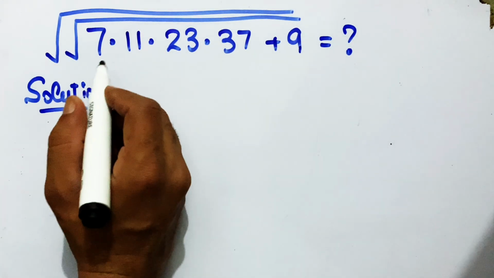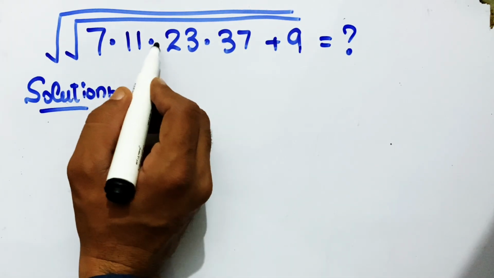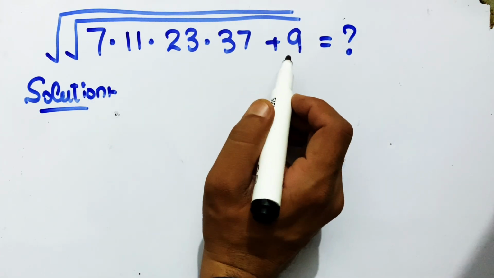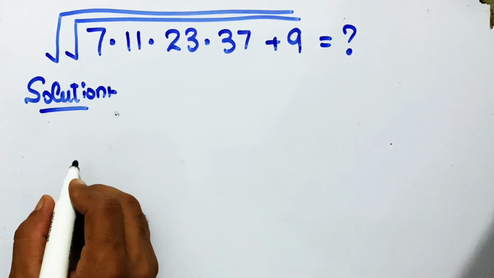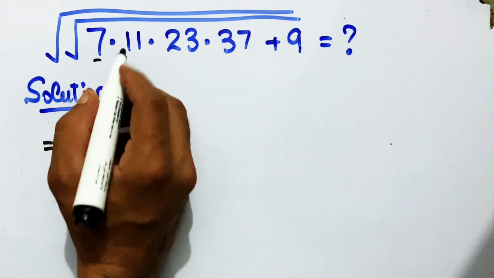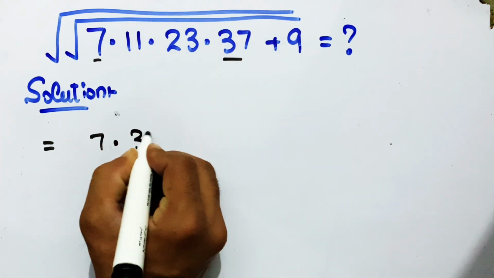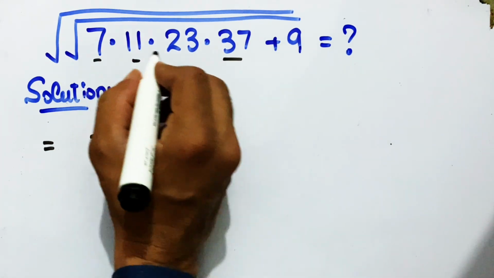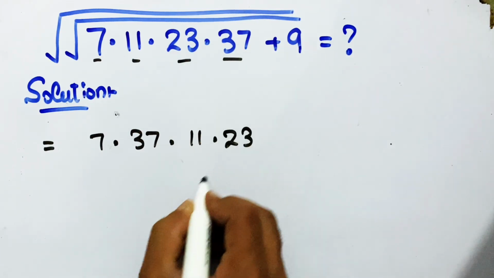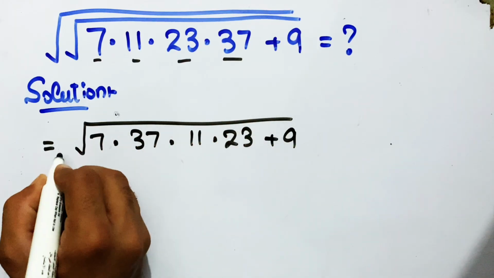So our main equation is the square root of 7 times 11 times 23 times 37 plus 9, under a double square root. If I rearrange the equation, we get 7 times 37 times 11 times 23 plus 9 under the square root.